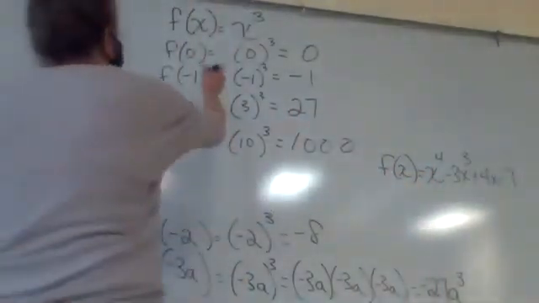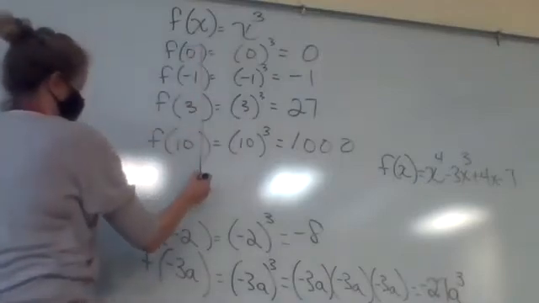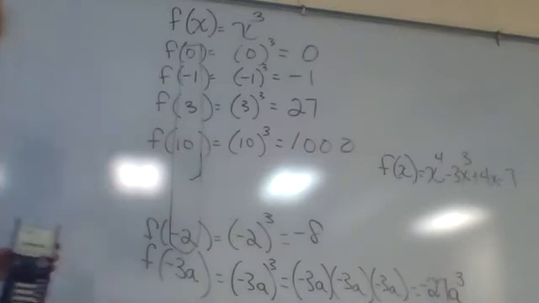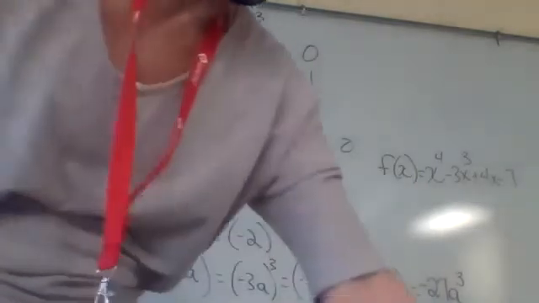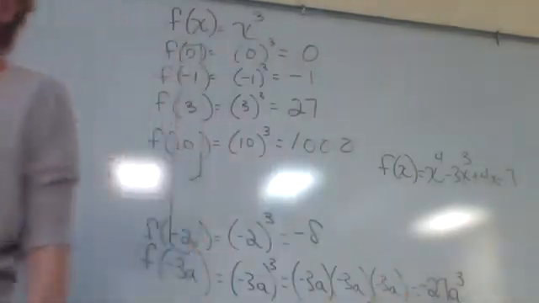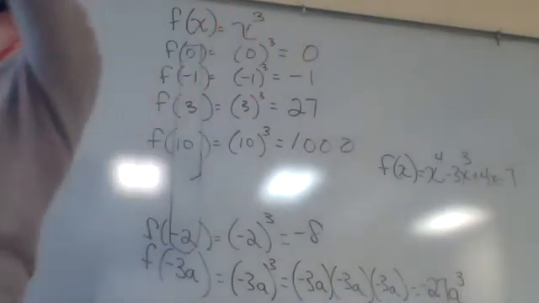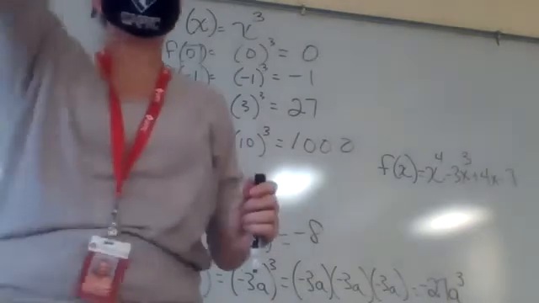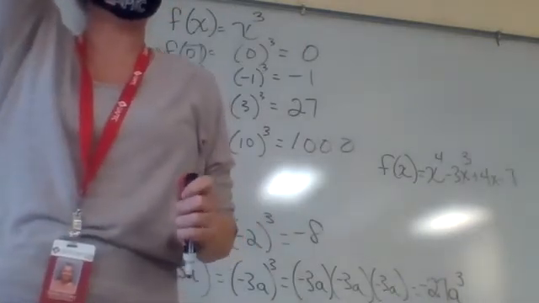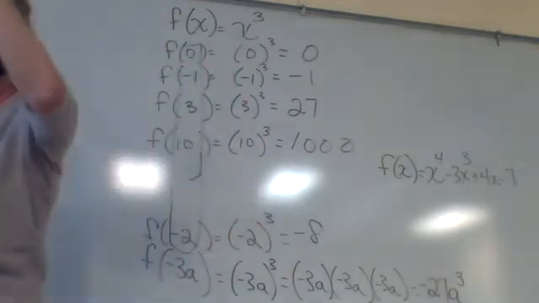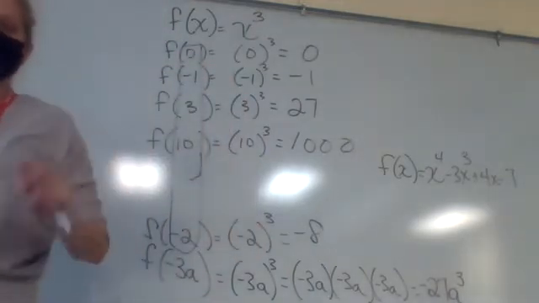What you're looking for are these numbers in your x column, because what you just told your calculator to do is to cube all those numbers. When you went to the y equals and you said x to the 3rd power, what you're telling it to do is every number, put it to the 3rd power.